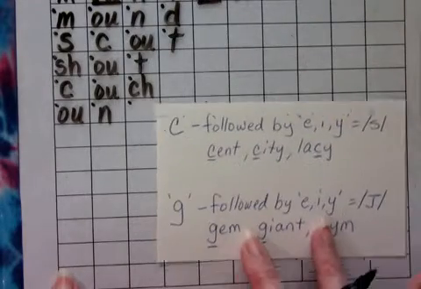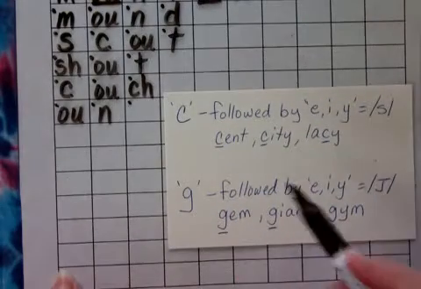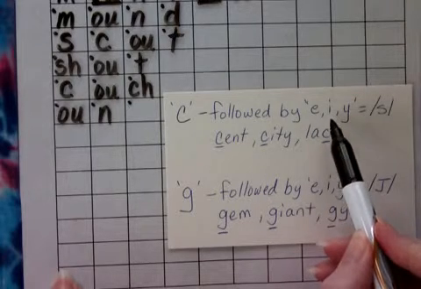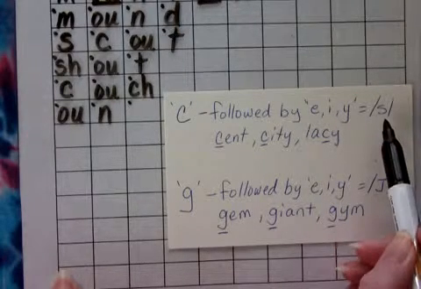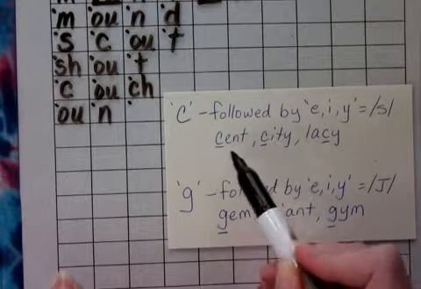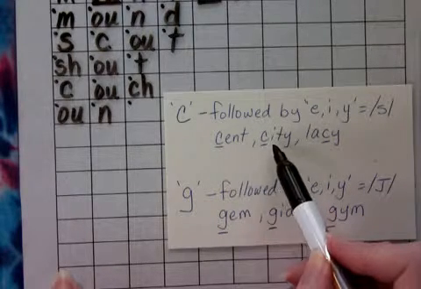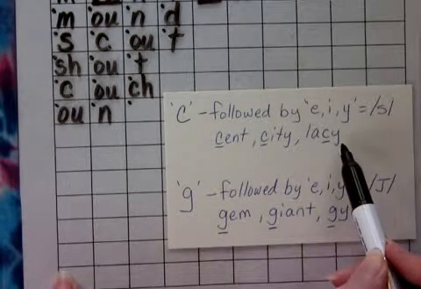Alright, the s at the end of a word. Let's take a look at this. The C followed by an E, I, or Y will say the S sound, like in scent, city, lacy.